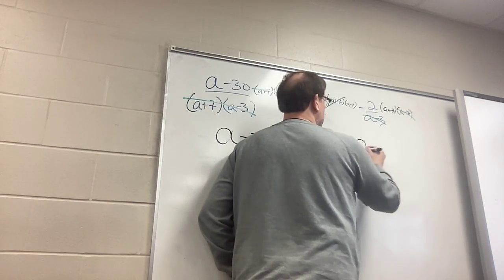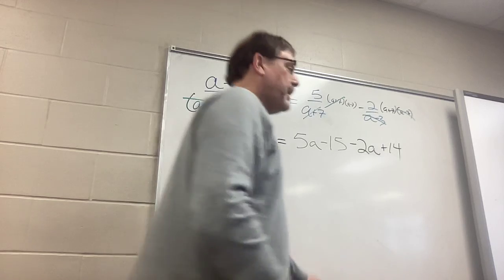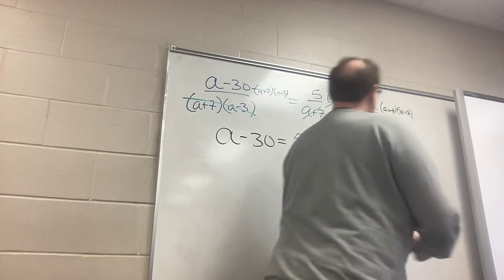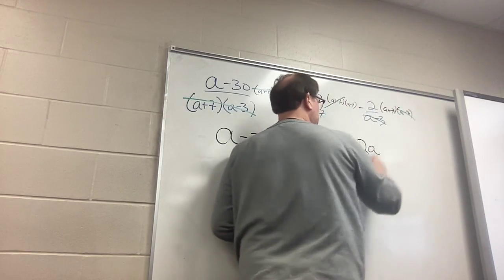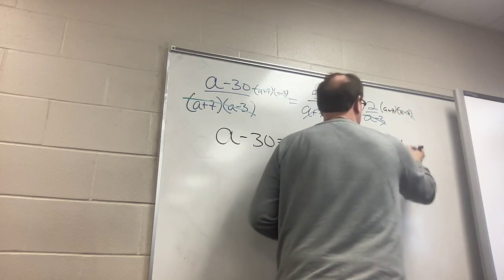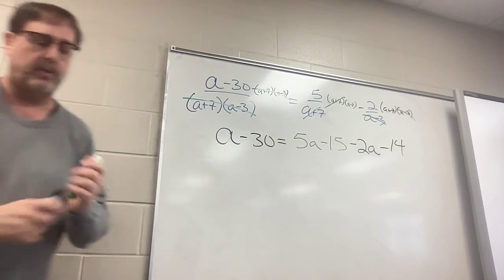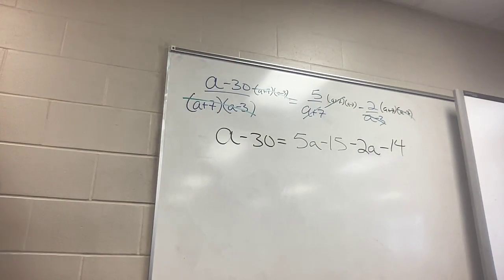They write minus 2a plus 14. Don't be that kid. It is negative 2 times a. It is negative 2 times positive 7. It is negative 14. That negative distributes to all of them. Please do that. Otherwise, you're going to get it wrong. And that'll be saddening.